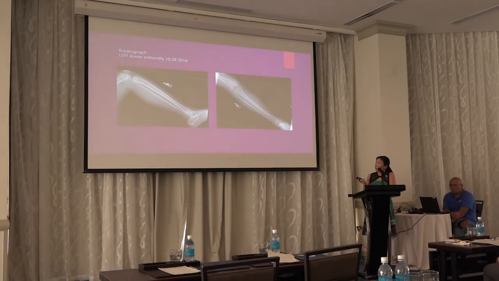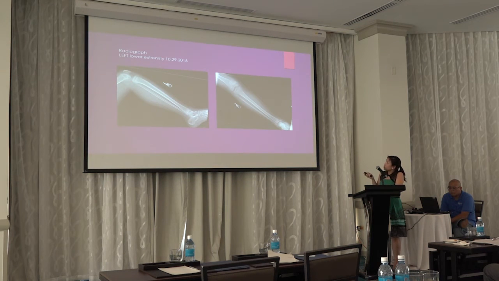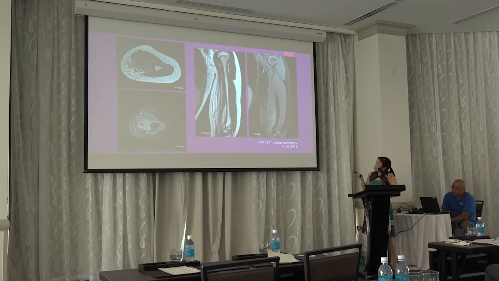These are her images. The radiograph of the left lower extremity showed fairly normal bone, except that if you look closely, something's elevated, something's wrong there. This is her MRI of the left upper extremity. Here you can see a lot of inflammation, myositis almost.